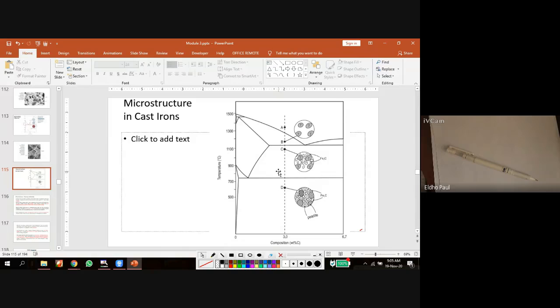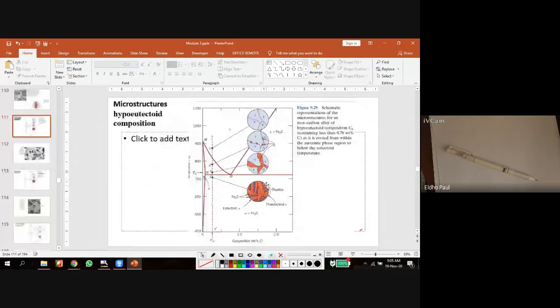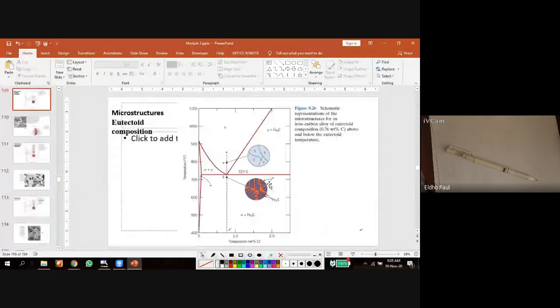It may take 12 hours or 24 hours to cool from A to D. We have to maintain very slow cooling to produce all these microstructures, like the cast iron microstructure or this microstructure or this one. All microstructures can only be produced by slow cooling. With fast cooling, or a high rate of cooling, we will not get this type of microstructure.